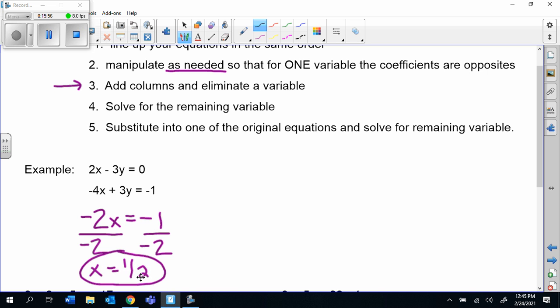All right, so where am I going to put that x? Which equation looks easier to you? This one has a 0. So I would go in the place that it's easier, but pick one of these. I would probably pick the top one. So I am going to substitute 1/2 for that x. 2x minus 3y equals 0. 2 times a half, think of if you have 2 half cookies, you have a whole cookie, or use technology. 2 times a half is 1.